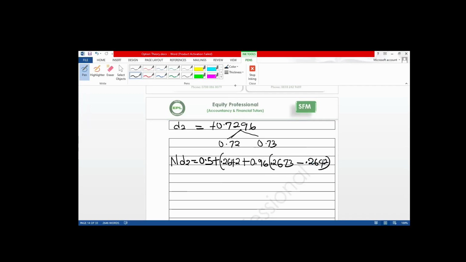Work this out. Now apply your calculator. 0.7672. Correct. Indeed, 0.7672.